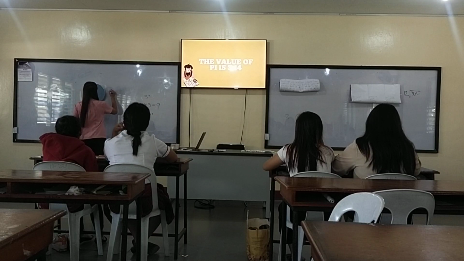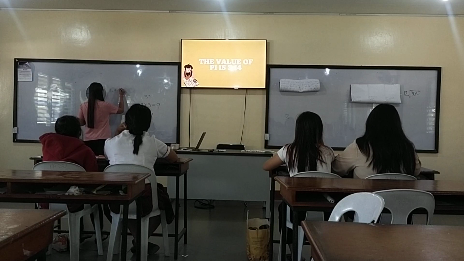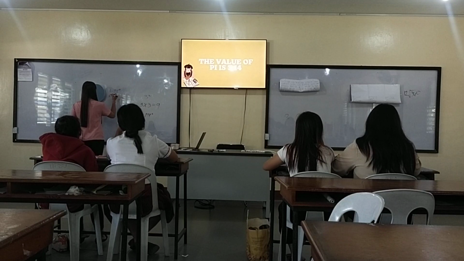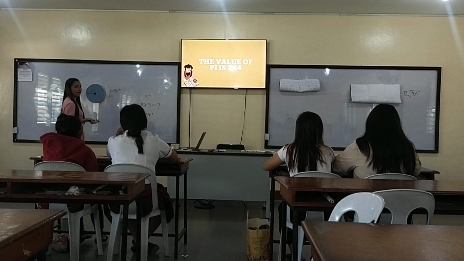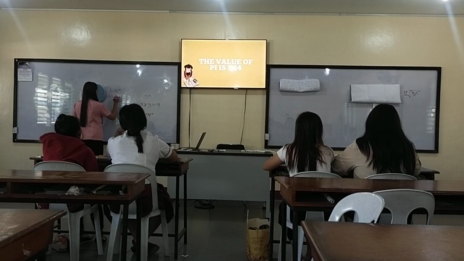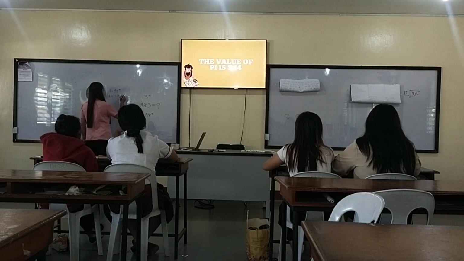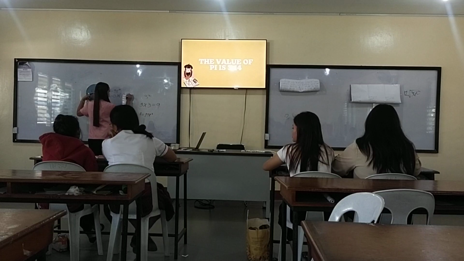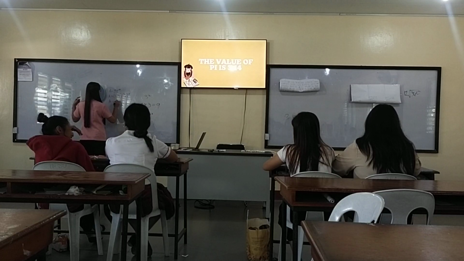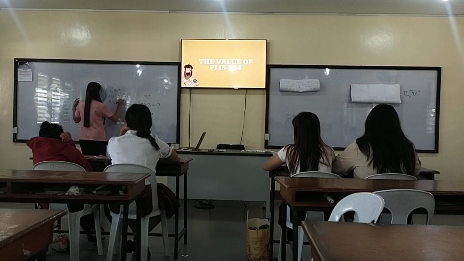So our formula is A is equal to pi radius squared. So what is the value of pi? 3.14. Then what is our given? 6 inches. So bring down 3.14.